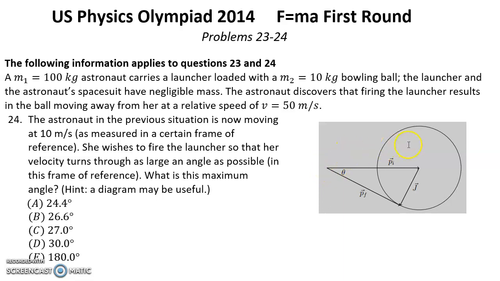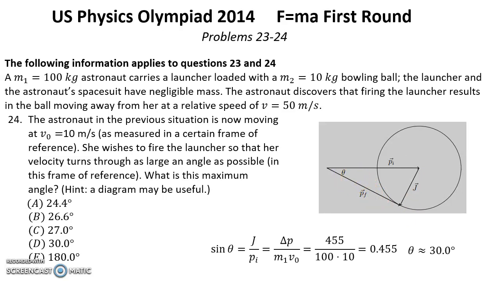And from this geometry we can tell that the maximum angle could be possible when final impulse and delivered impulse have angle 90 degrees. In that case angle theta has a maximum value.